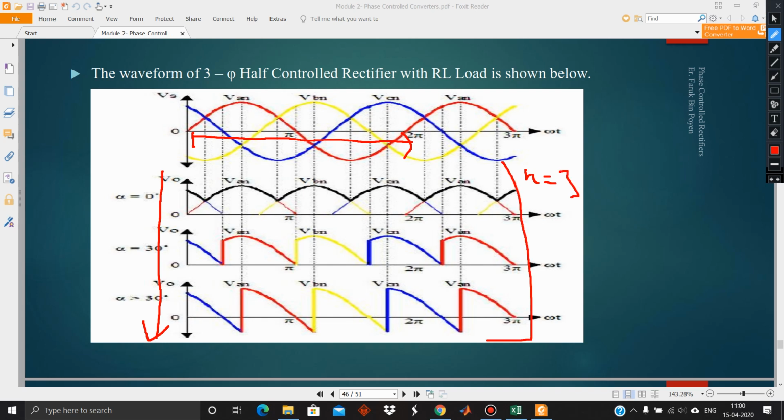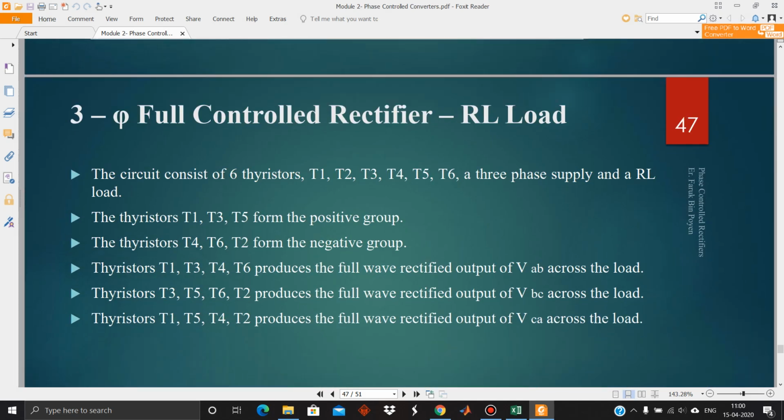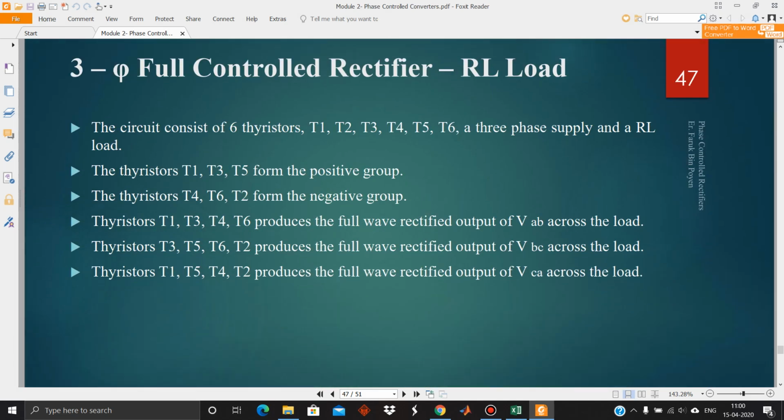The only difference is that it is RL load. So even after the positive half cycle ends, it will conduct for some time. So this is 3-phase half controlled rectifier with RL load.